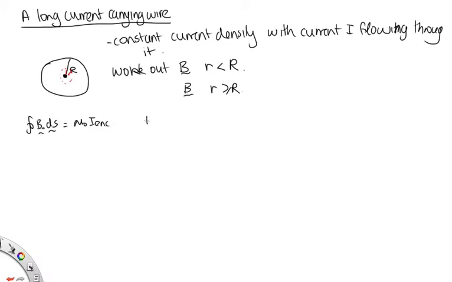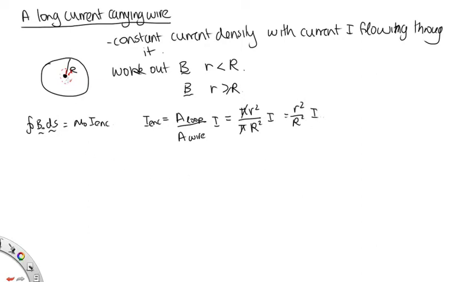So I enclosed is equal to the area enclosed by the loop over the cross-sectional area of the wire, times I. That is equal to pi r squared over pi R squared times I, so it's equal to little r squared over big R squared times I.